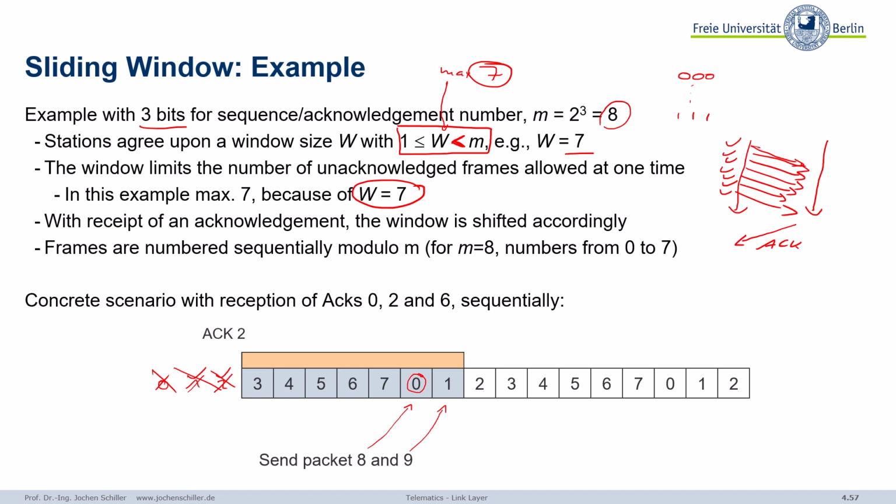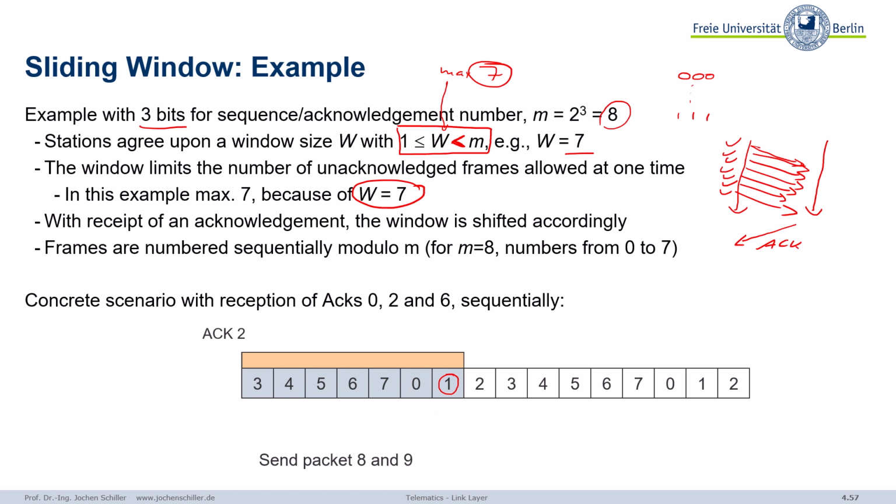This is why we can reuse the 0 here for the 8th packet. Because the window slides a bit to the right, we can also send packet 9 and reuse the sequence number 1. And now we can continue. So that's all history, all the old packets.